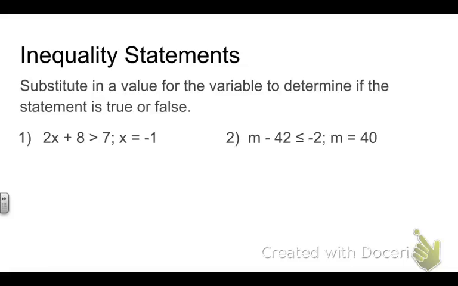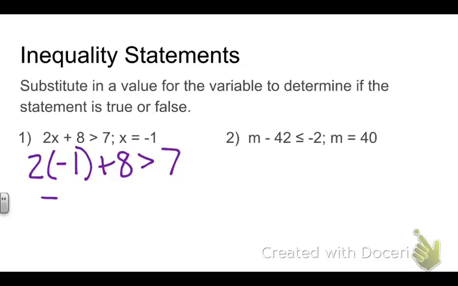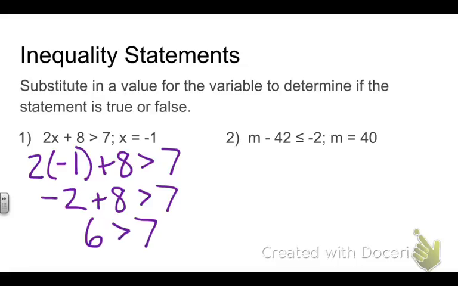So if we plug it in, instead of 2 times x, it's going to be 2 times negative 1 plus 8 is greater than 7. So just solve. Order of operations: 2 times negative 1 is negative 2, plus 8. And negative 2 plus 8 is 6. Is 6 greater than 7? No. That is a false statement.